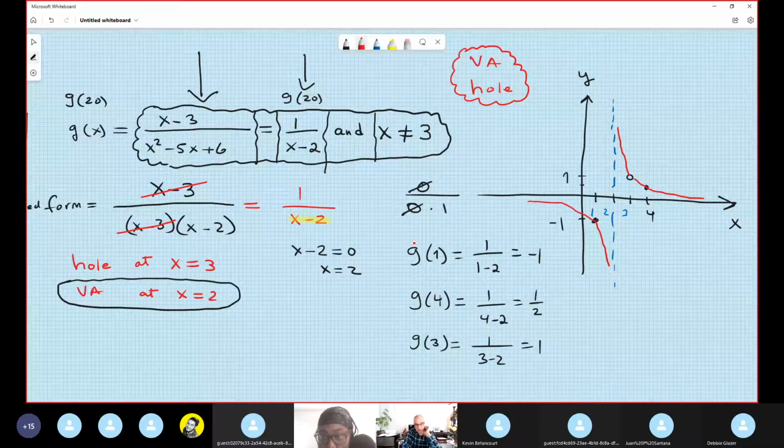See, if one factor is repeated in the top and in the bottom, you cancel it out. This factor that is canceled out is considered the hole. The other factor can stay alive in the bottom. You put it equal to 0 and you determine the vertical asymptote.